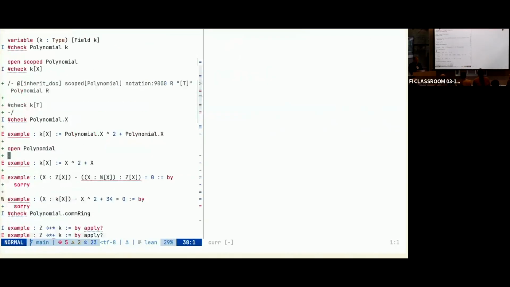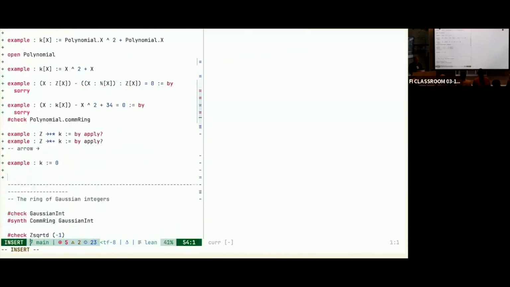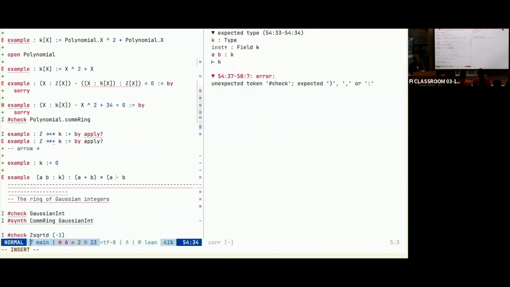I'll do that, but I wanted to say, for example, let's imagine that we are in the field K and we want to prove something involving two elements of K that we'll call A and B. And I want to prove that maybe (A plus B)(A minus B) is A squared minus B squared.